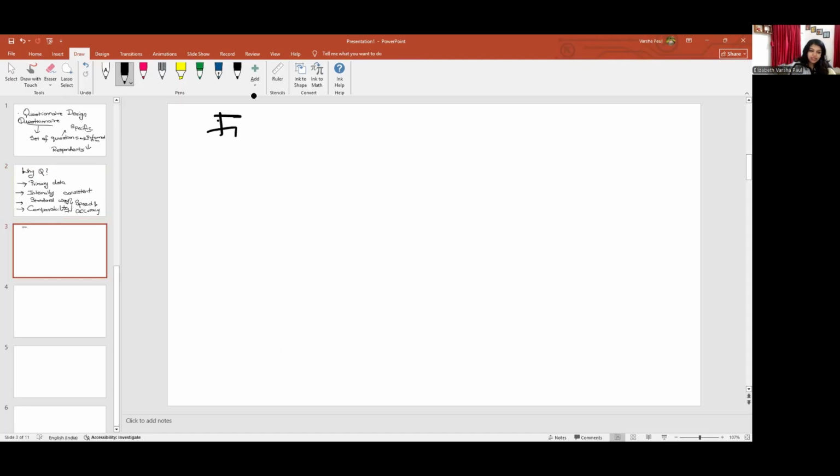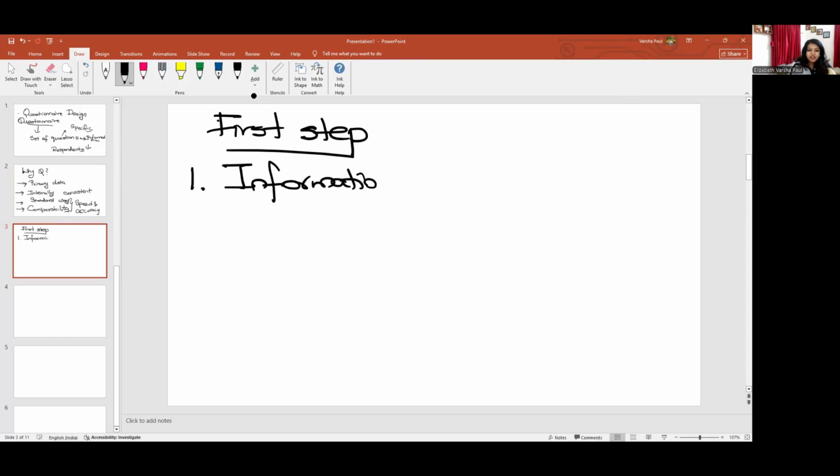The first step in questionnaire design is collection of information, right? So what sort of information do you establish? Basically the information that I really want.